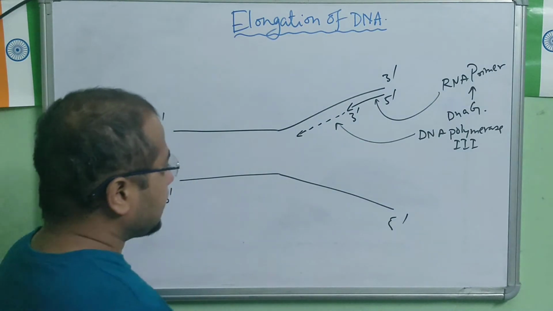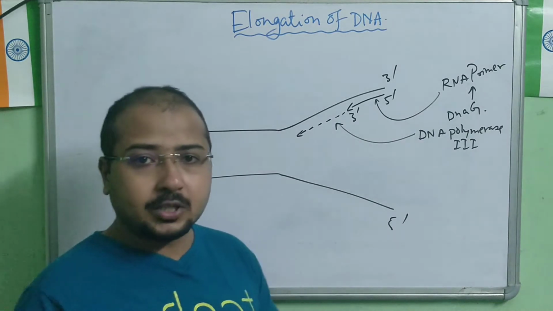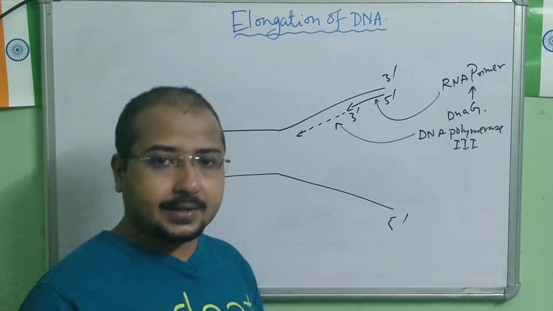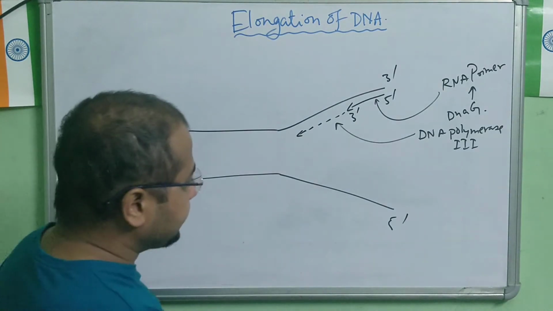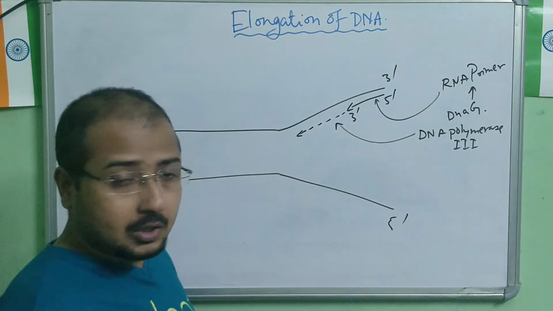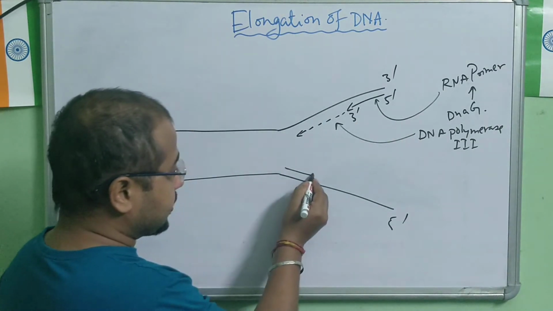Now let's come to this strand. Here also, we know that replication takes place from both the strands simultaneously. So if this is the 5 prime end, the RNA primer should be formed here first.